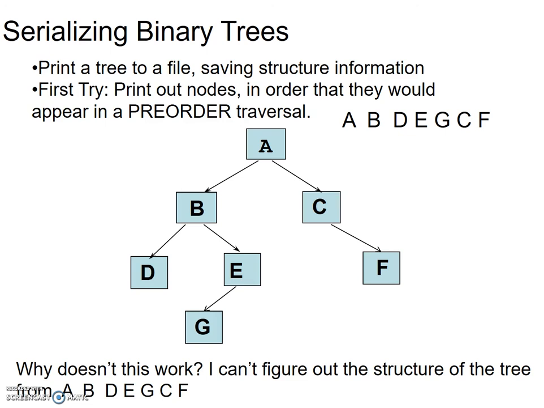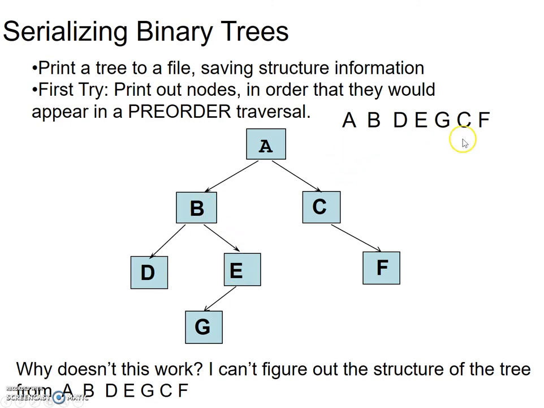So let's figure out some ways that we could actually serialize this tree. Here's my tree. I might first think about, well, how about if I just print out all the nodes in pre-order traversal? Pre-order says node first, then left, then right. So we'll see, here's node first, then left, node first, then left, node first, then left, then right, and so on and so forth.